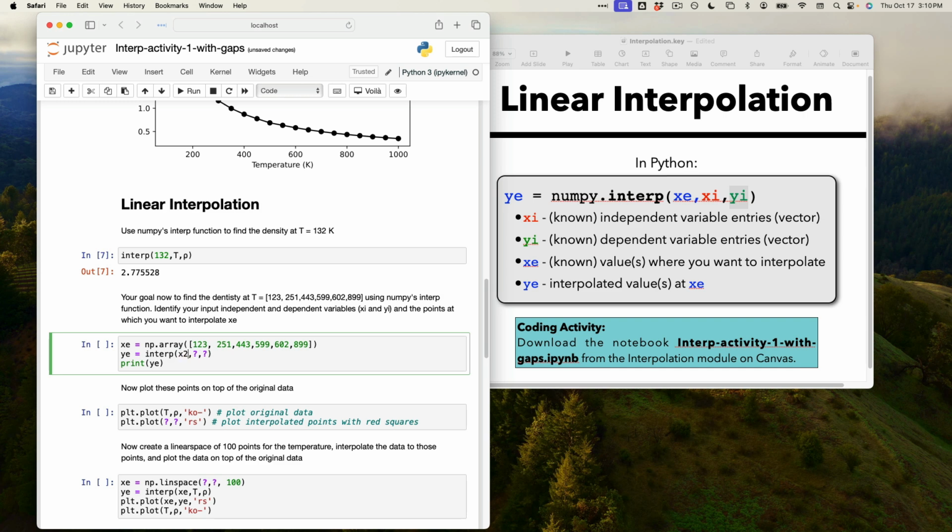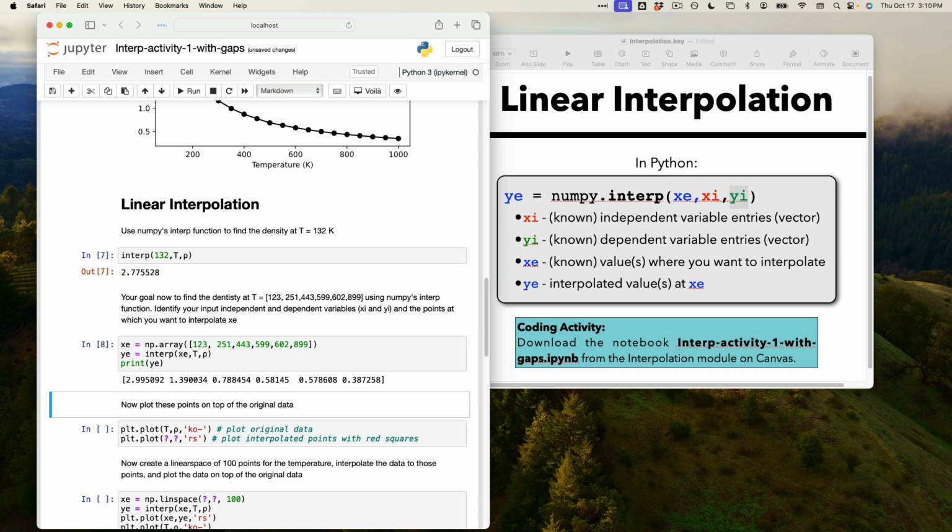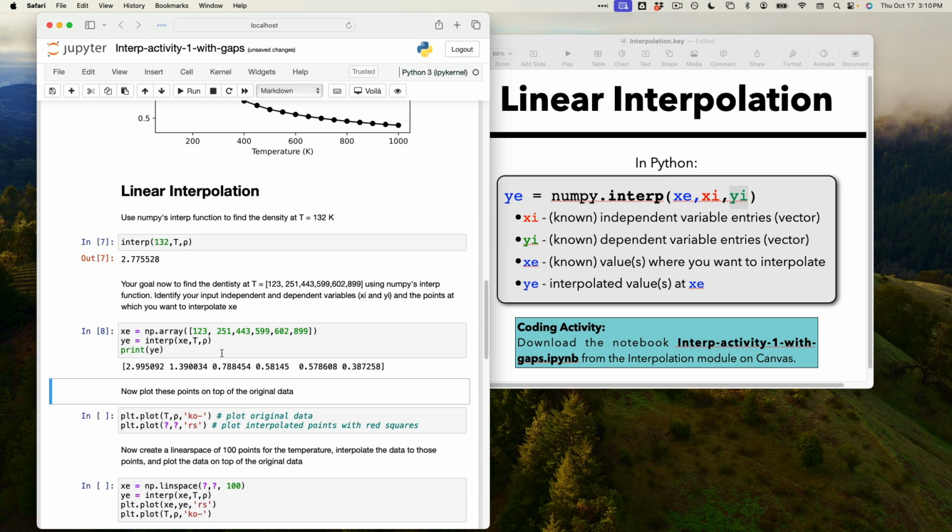Okay, so I'm going to put XE here, and then T, and then rho. I didn't change the input data set. It's still the same, except now I'm asking it to interpolate at more points. Okay, there you go. It gave me an array, and it contains a bunch of values: 2.99, 1.39, 0.79, 0.58, and so on. What are those values?